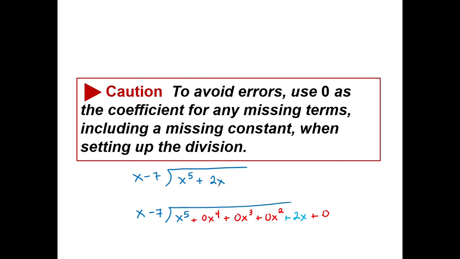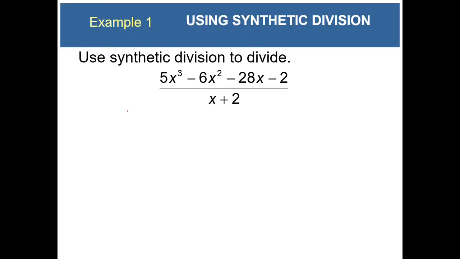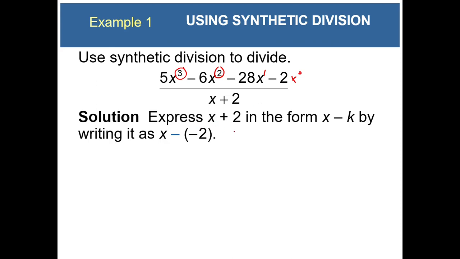So let's use synthetic division to divide 5x cubed minus 6x squared minus 28x minus 2 over x plus 2. Notice the power is 3, 2, 1, and 0, so we don't need a placeholder in this case. We're going to express x plus 2 in the form x minus k by writing it as x minus a negative 2.